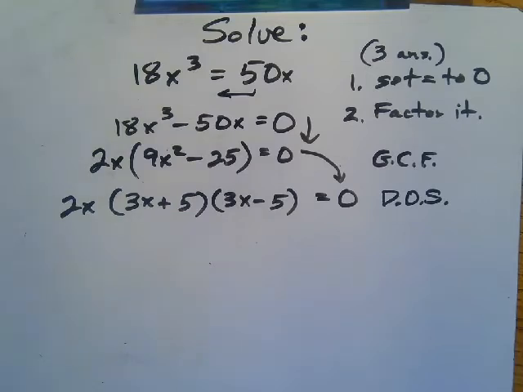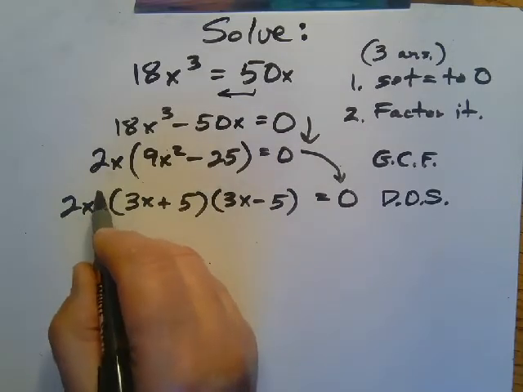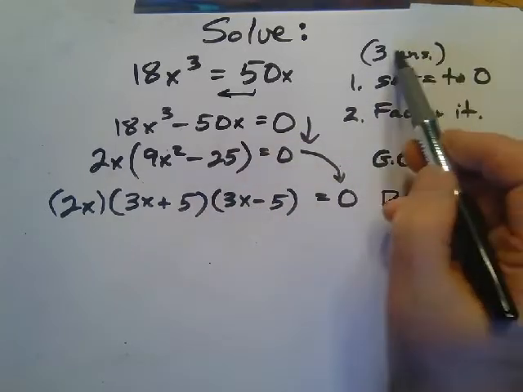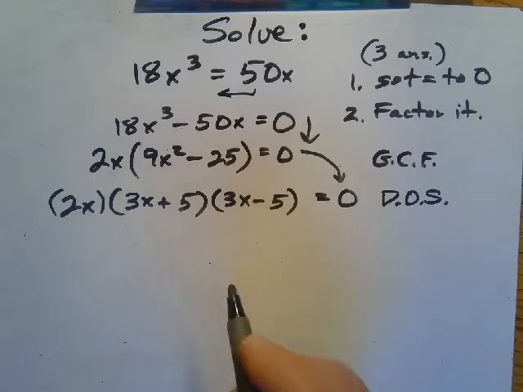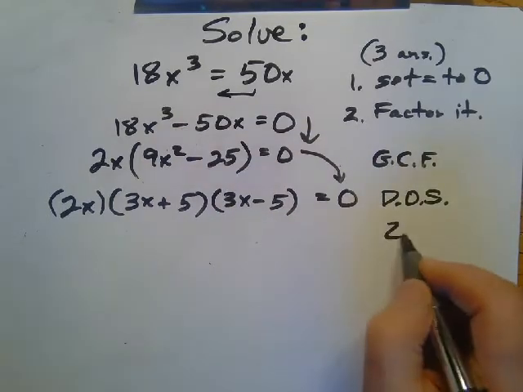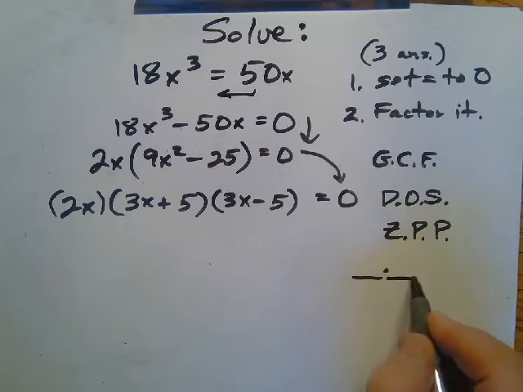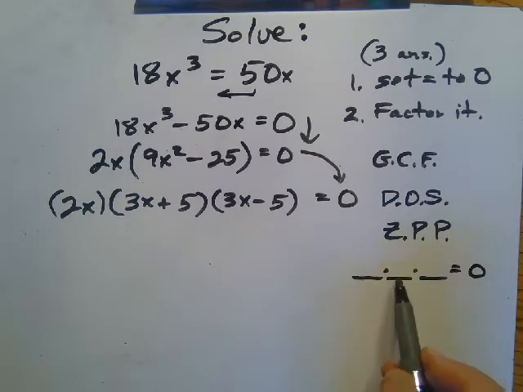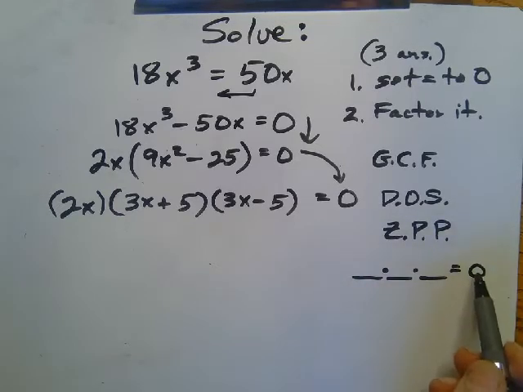Now you'll notice that at the bottom here, there are 3 factors. This one doesn't have parentheses around it, but if I put parentheses around it, you can see it clearly. There are 3 factors, and that means there's 3 answers in the problem like I predicted. If you recall, what we always do, because of the zero product property, and that zero product property says, if things give you an answer of 0, 1, 2, 3 things in our case here, if one of these is 0, it makes my answer 0.